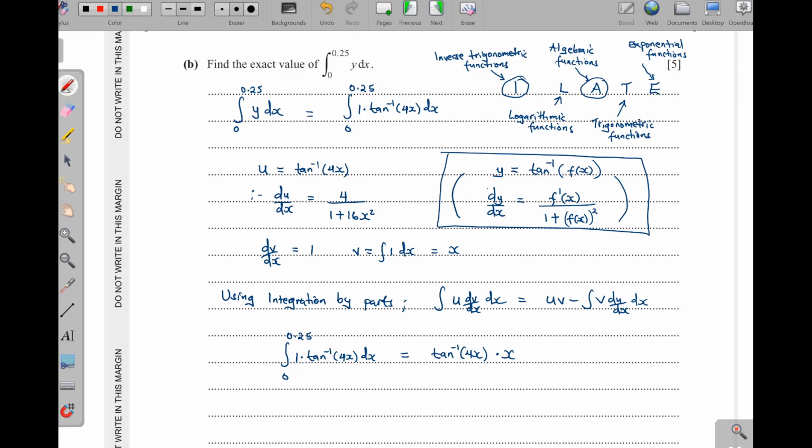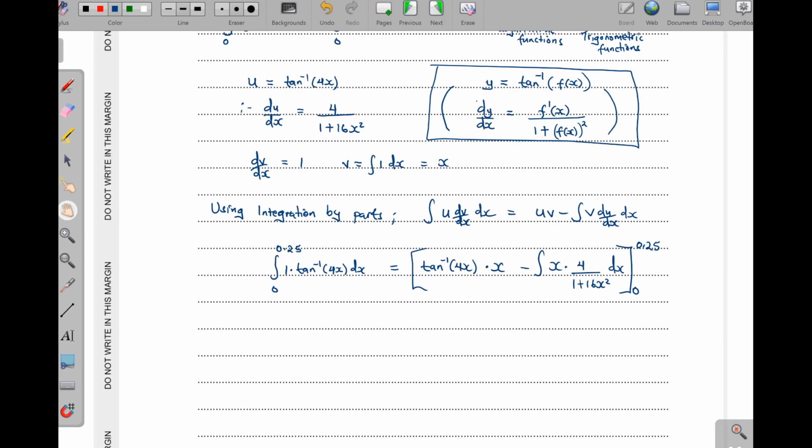It is x. Then minus the integral of v, which is x, then du/dx is this one here, 4 out of 1 plus 16x squared, dx. Then I can close here, with limits 0.25 and 0.